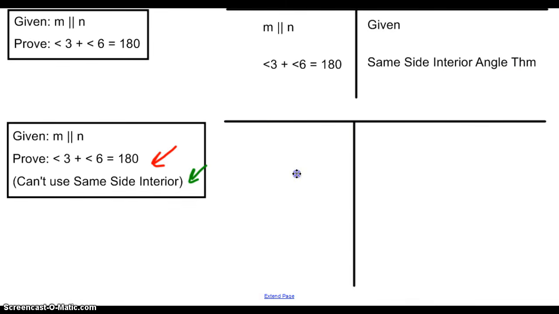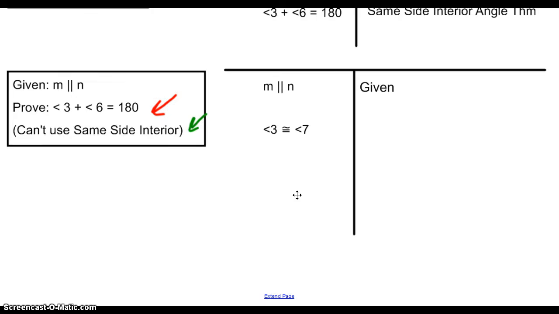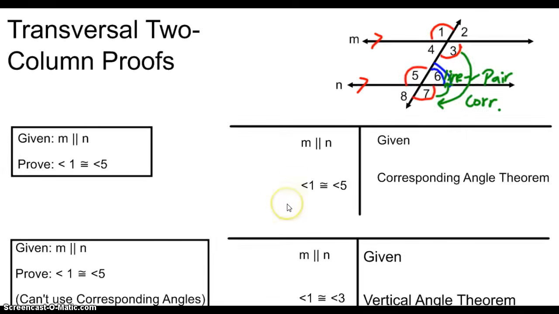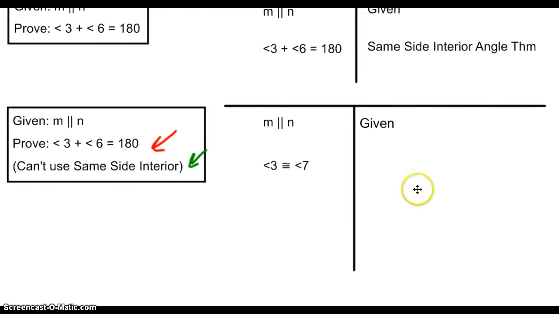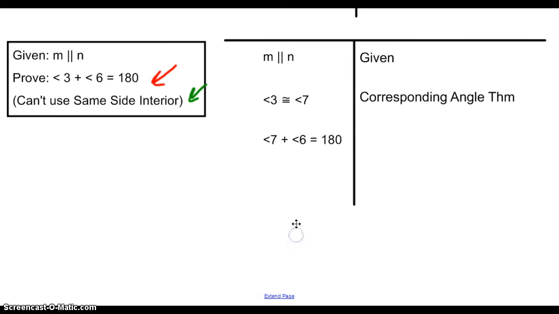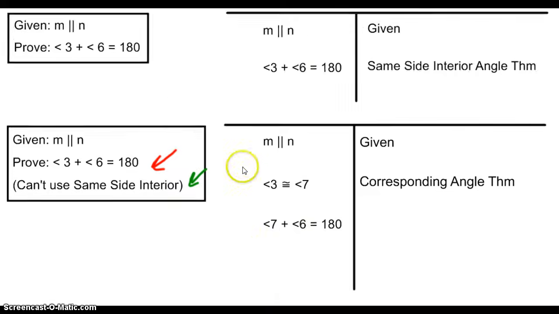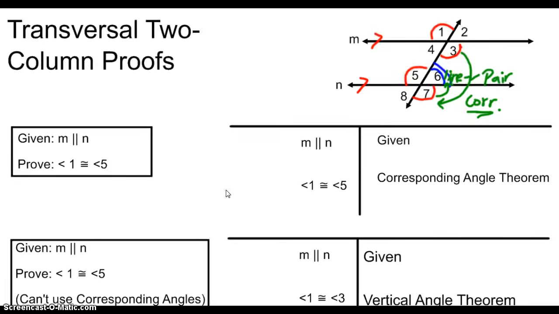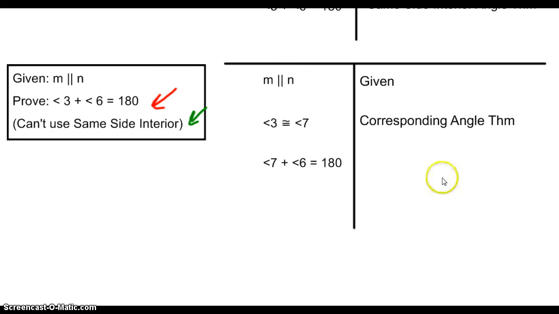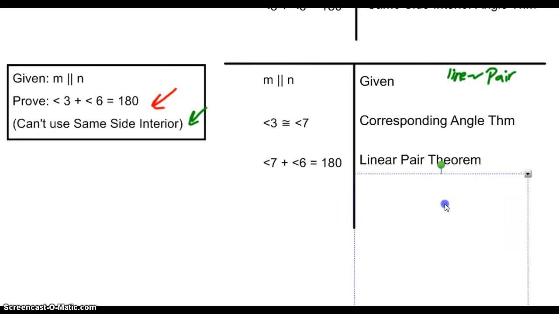So of course you start your proof off every single time with your givens. Next, we're going to write that first step, that 3 is congruent to 7, right? And why is that? That's because they're corresponding. Okay. And next, we're going to write that 7 and 6 added together equal 180 degrees. And why is that? Well, it's because they're a linear pair. Okay, linear pair.